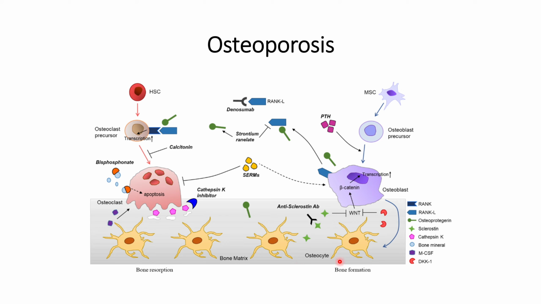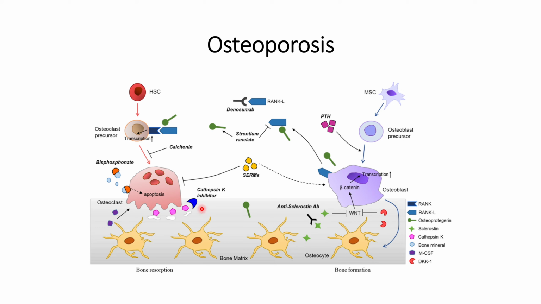Several strategies are being used to improve bone formation. That is by providing antibodies that can bind to sclerostin, that is anti-sclerostin antibody, so that it will not create problems for bone formation. At the same time, bone resorption can be reduced by providing antibodies that can bind to RANKL.